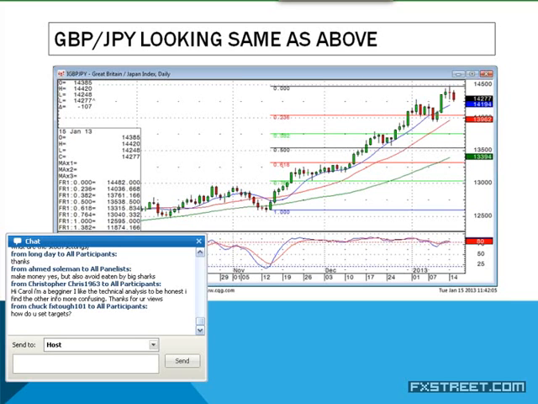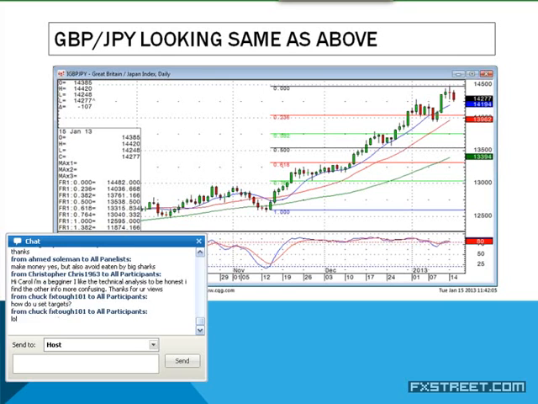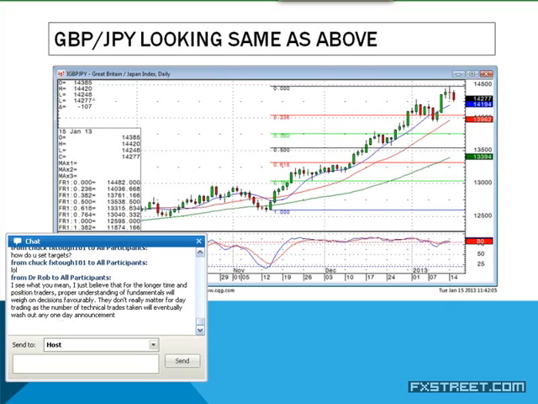How do you set targets? Experience. I don't know. I can read a chart. I've seen it so many times.